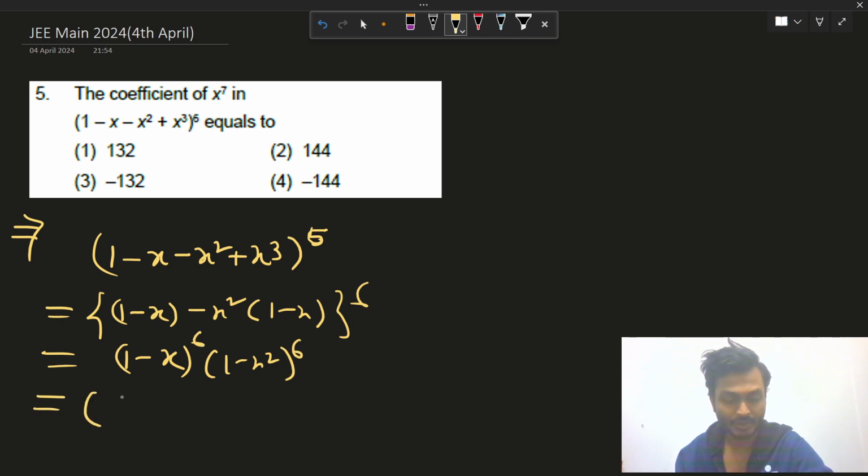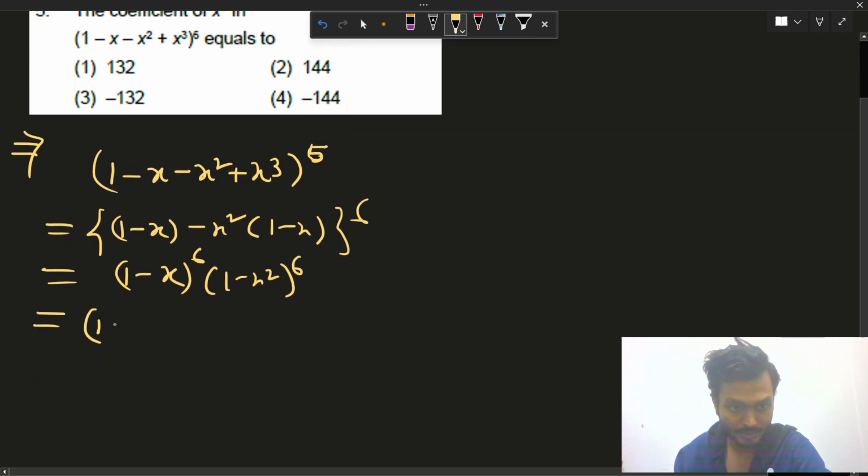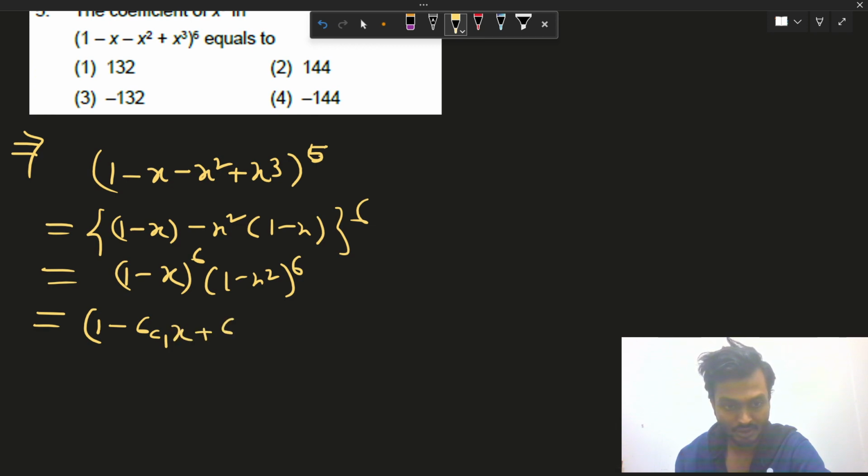Now if we expand this, what will happen? So this will be 1, then minus 6C1 x plus 6C2 x^2 minus 6C3 x^3 plus dot dot dot plus x^6.